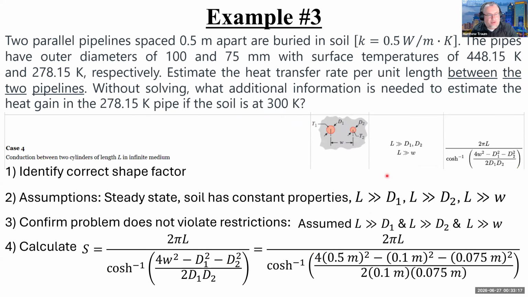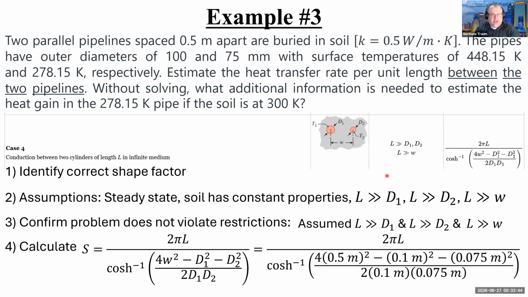Two more examples. This is another shape factor, a little bit more complicated. We have two parallel pipes spaced half a meter apart and buried in soil, and I'm giving you the soil thermal conductivity. The pipes have outer diameters of 175 millimeters with surface temperatures of 448.15 Kelvin and 278.15 Kelvin, respectively.